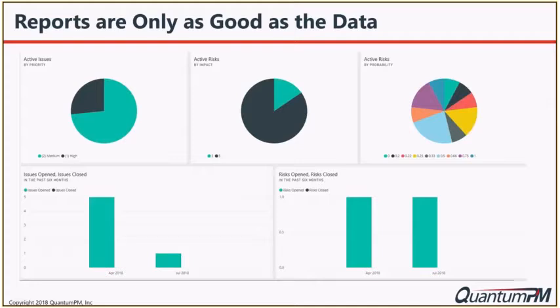So there's a whole process issue behind all of this as well. You can spend a ton of time putting together great reports, but if you don't have the processes and the technologies in place to make sure that that data gets updated, that the data is timely, it doesn't do you any good.